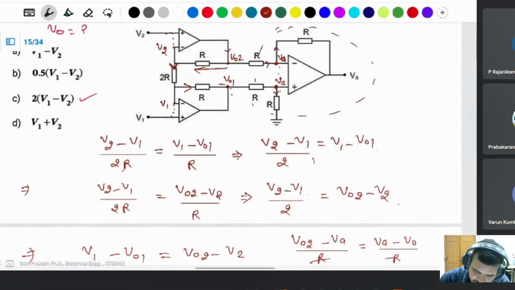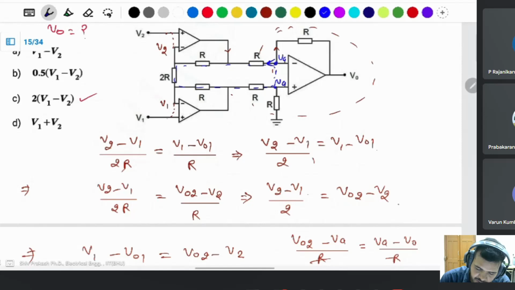Okay, we can apply KVL. I remove all the other things and just apply KVL in this loop. Take a current anywhere. If this one is VA, this is also VA. What is the current flowing through it?